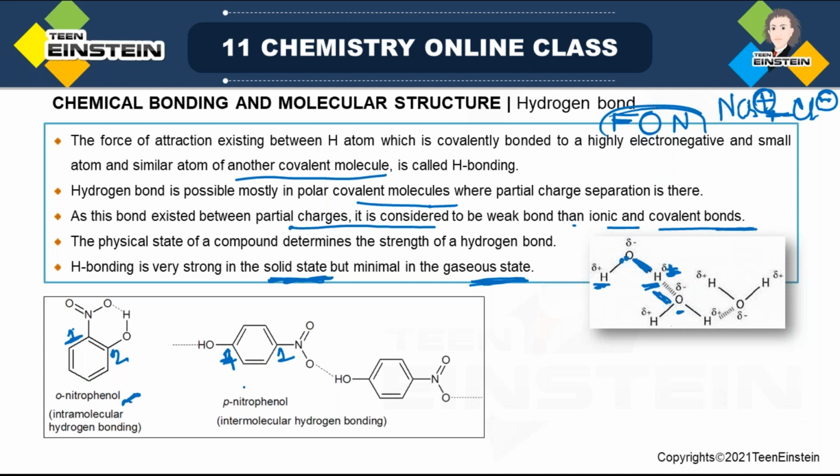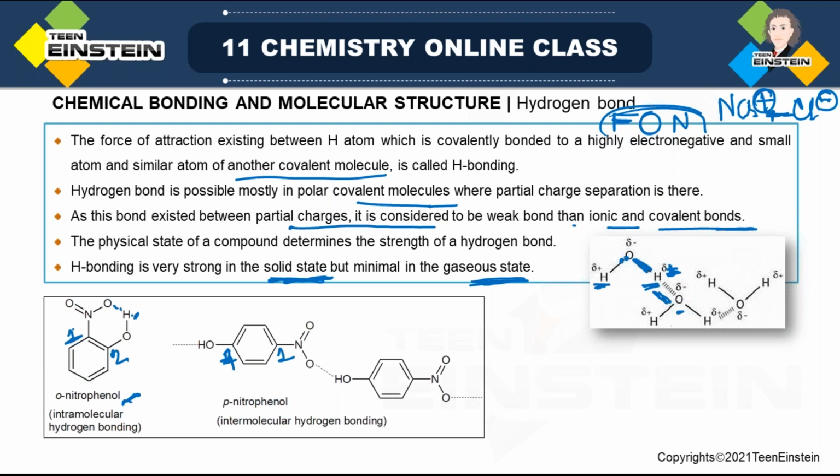Look at the first molecule. Here the hydrogen bonding that you are seeing is between this H, which is attached to oxygen, and it is also having some interaction. This dot sign is basically hydrogen bonding with an oxygen atom. Now this oxygen atom is not of any other molecule, it is already present in the same molecule.